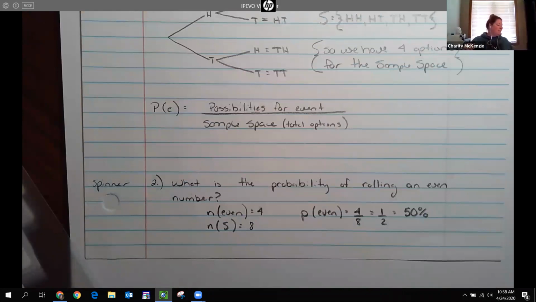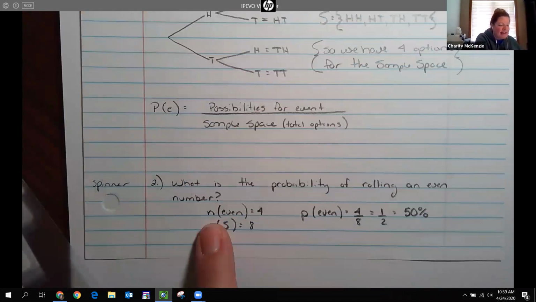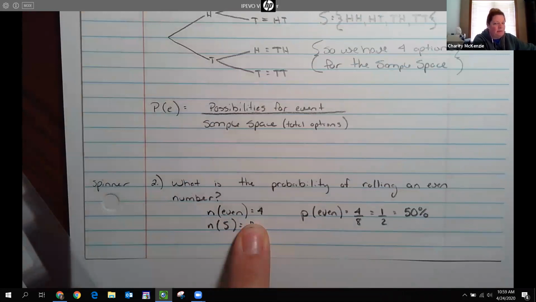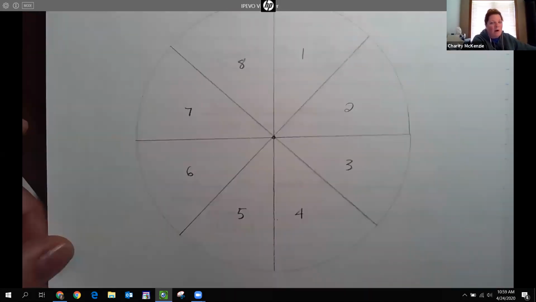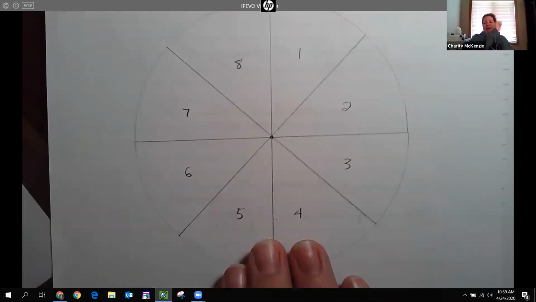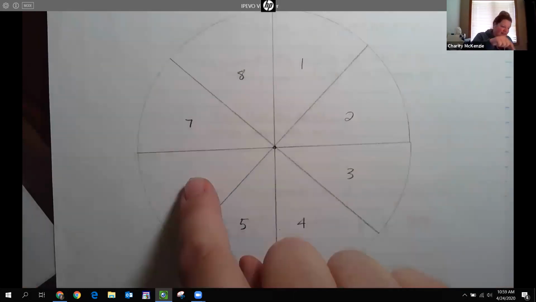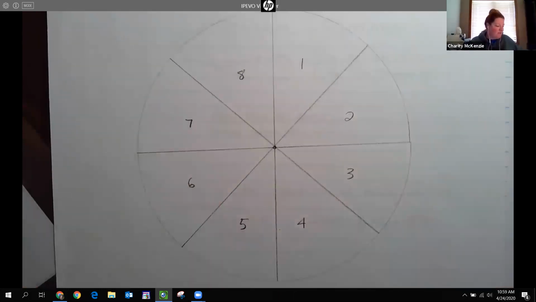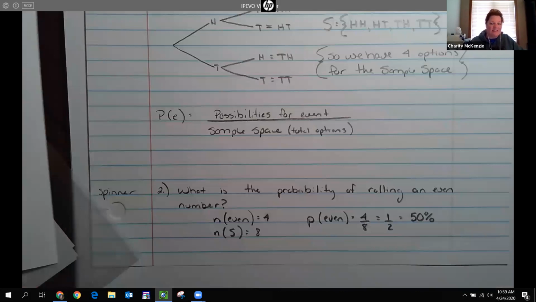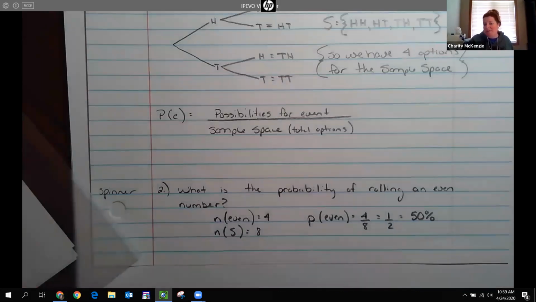So number 2 here, what if I have a spinner? What's the probability of rolling an even number? So here's my spinner. What is the probability of getting an even number? Well, there's 1, 2, 3, 4 even numbers, 8 total. So it's 4 eighths or 1/2 or 50%.